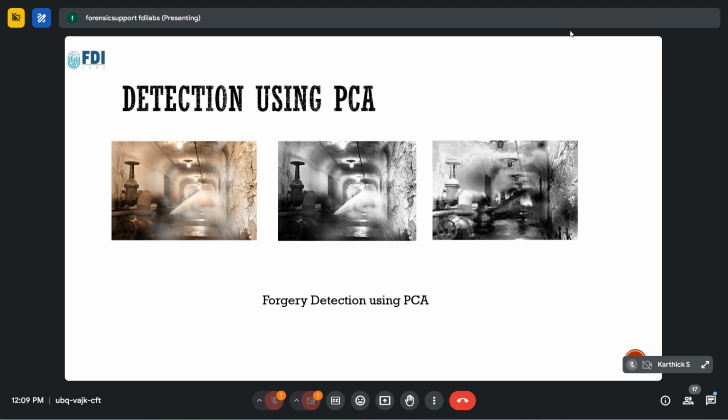In fact, PCA provides a different view of the data that we get, which we use in the analysis procedure. This allows the forensic examiner to easily find mismatches between the original image and different parts within one image.